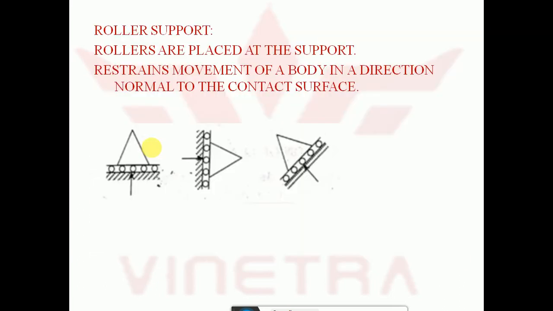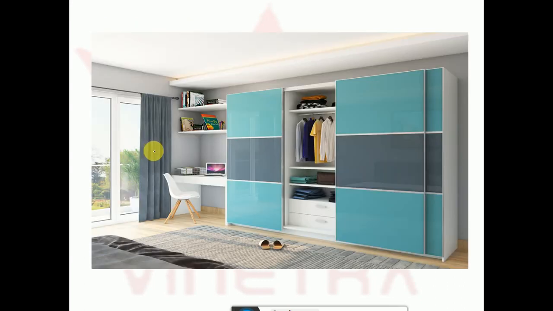Next, let us take a day-to-day example. See here, this is a wardrobe. This is a sliding kind of wardrobe, right? So I can slide this in to and fro motion. This door slides only in to and fro motion.